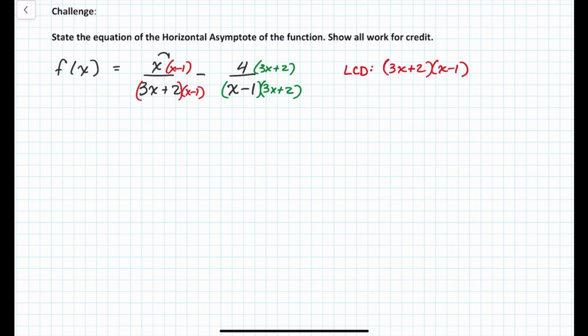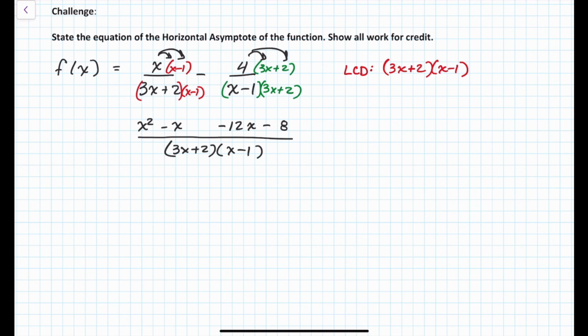So we identify the least common denominator. And then let's go ahead and I'm going to multiply my terms together so that I can combine everything. And then I'm going to write it all over that one common denominator.